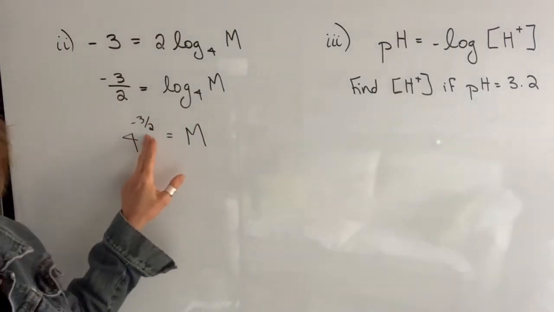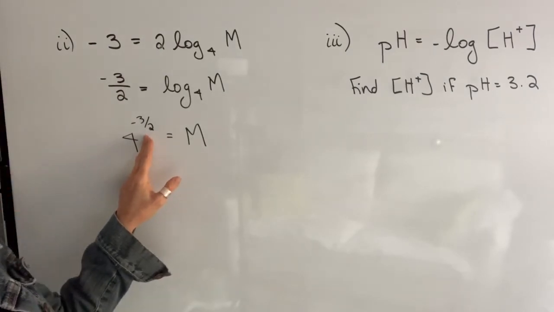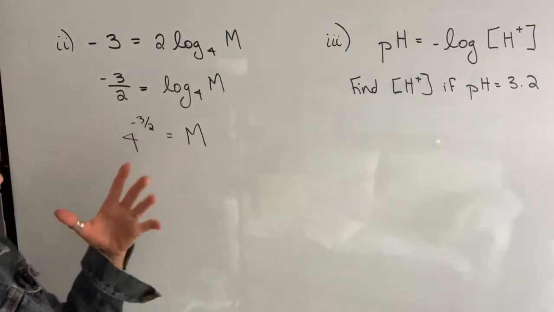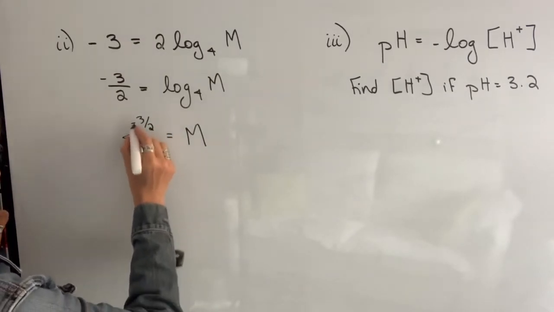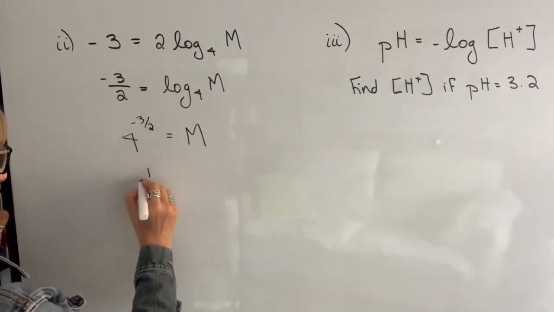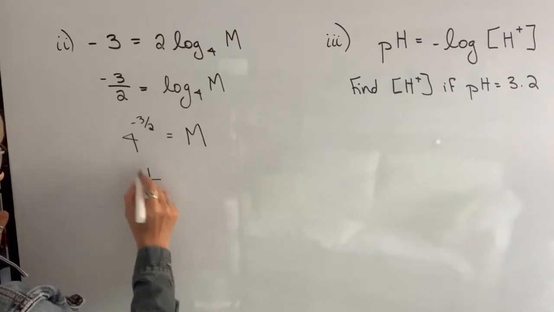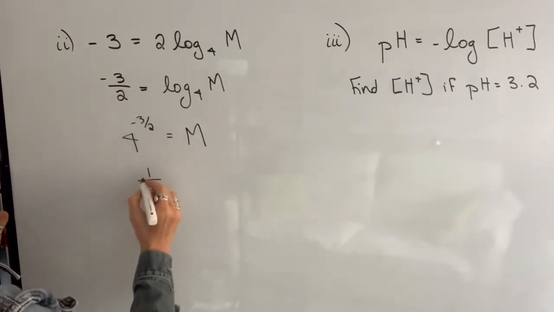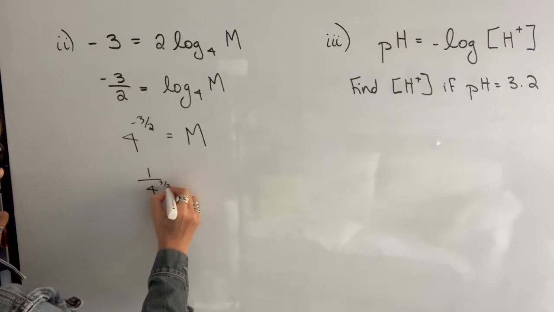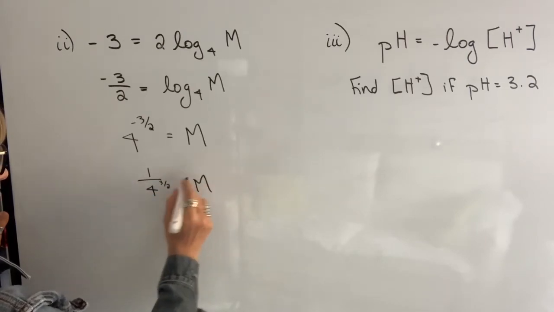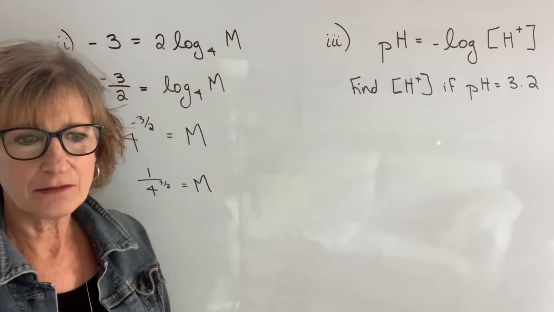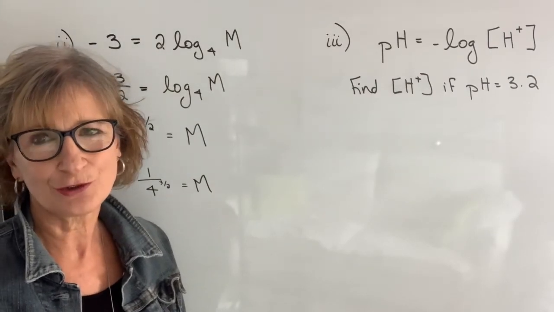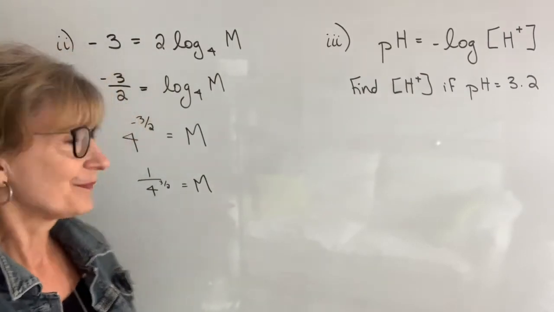We could calculate this on our calculator. I'm going to do it without a calculator because it's something that we can actually calculate. Negative exponent means 1 over the base, so 1/4 to the power of positive 3 halves. So if you don't understand what I did there, go back and check the video on exponents, in particular fractional and negative exponents.